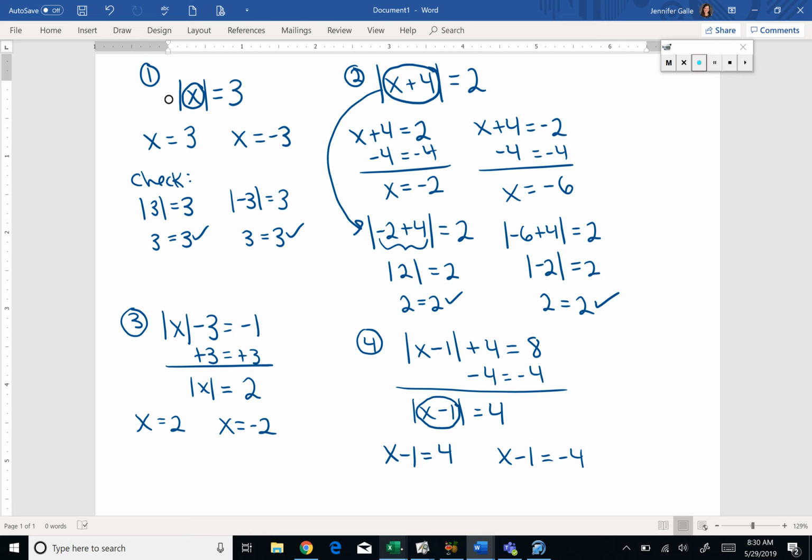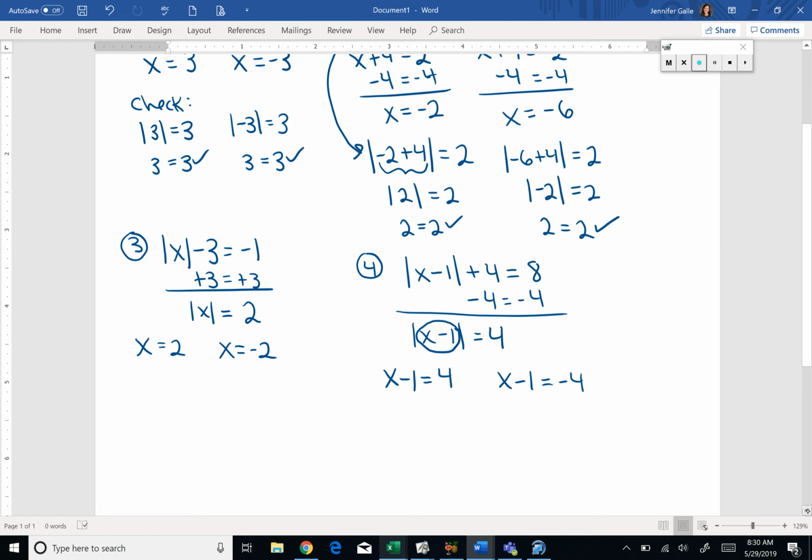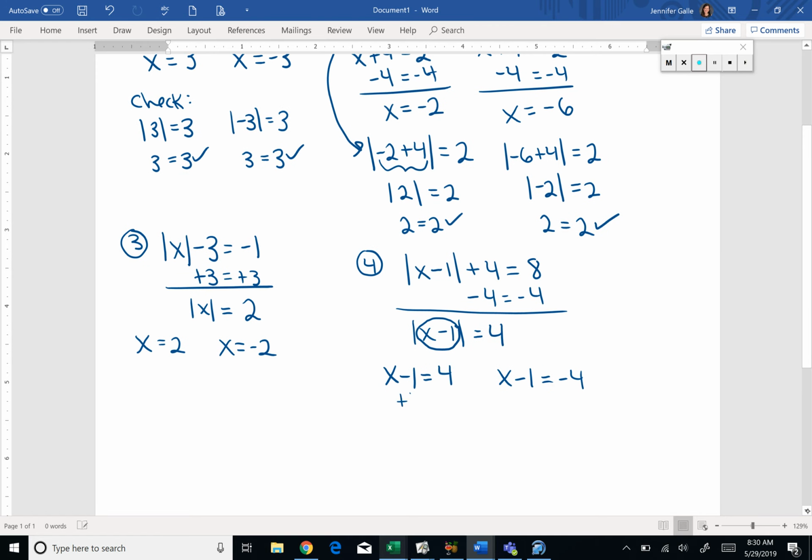When I walked around, some of us were just setting up this first case, solving it, and then making it a plus minus. You need both situations. The answer to this problem is not positive 5 and negative 5. Positive 5 is one of them, because when I solve this first case, I add 1 to both sides, and I do get positive 5.